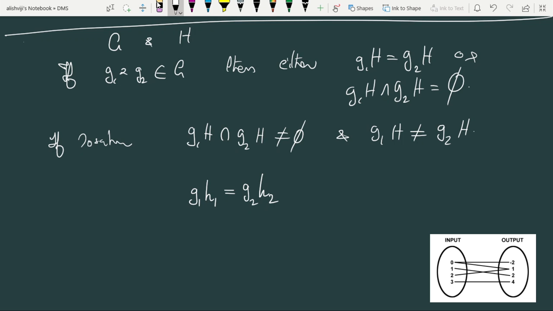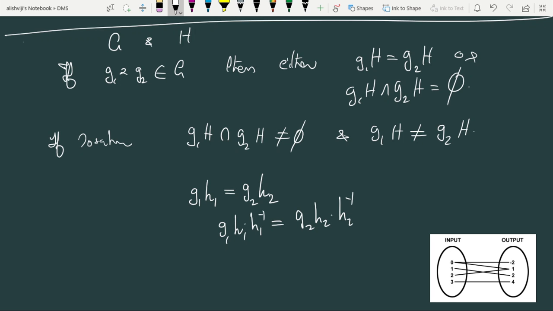So G1H1 is equal to G2H2 means G1H1 into H1 inverse is equal to G2H2 into H1 inverse.